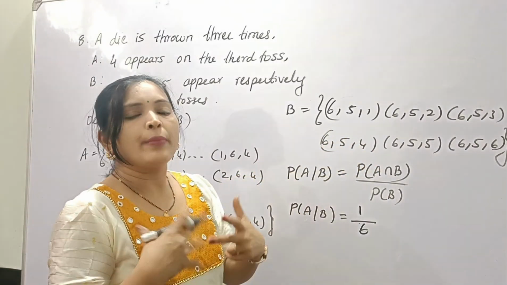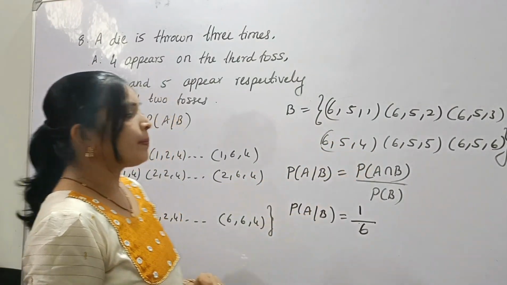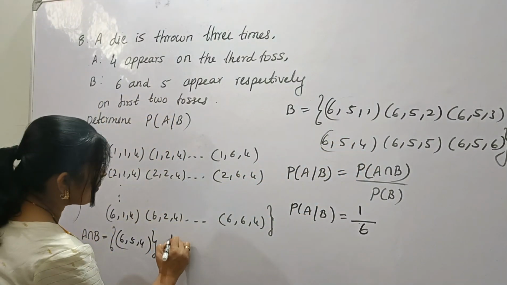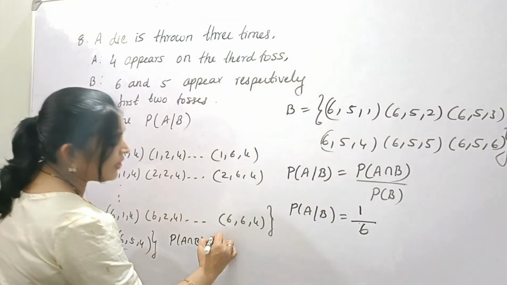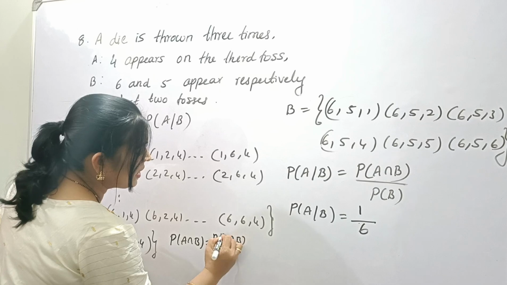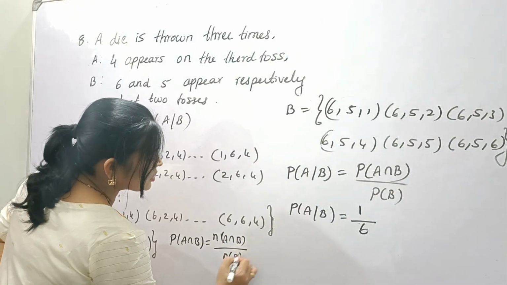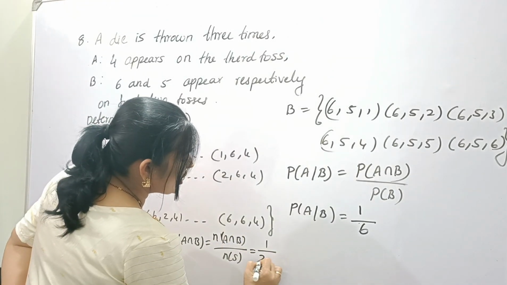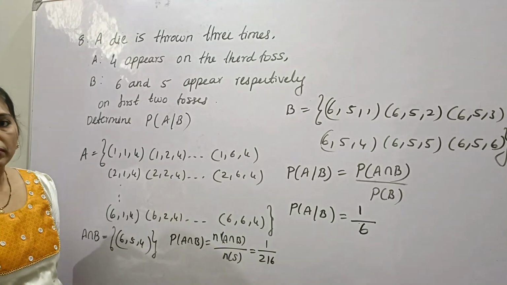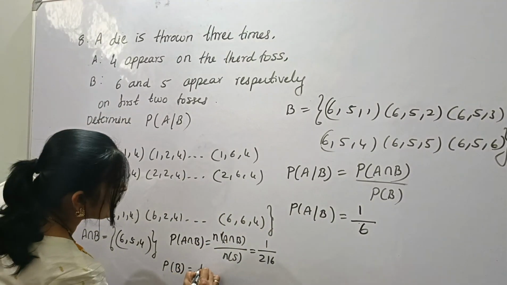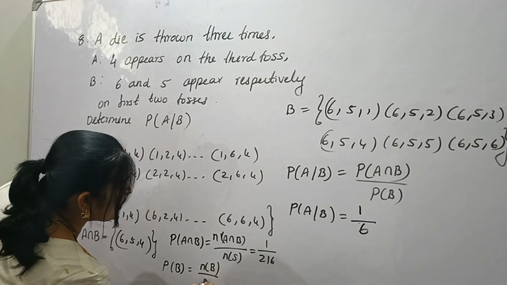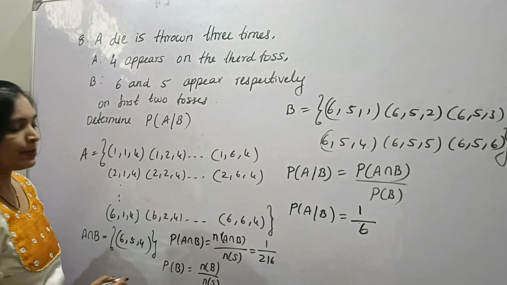Or see, if you know the number of elements of sample space, you can apply this formula. Probability of A intersection B is equal to number of elements of A intersection B divided by number of elements of sample space. That is equal to 1 divided by 216. Next, probability of B is equal to number of elements of B divided by number of elements of sample space.